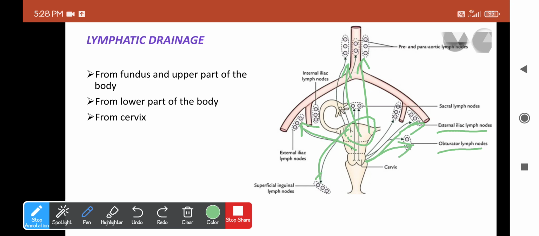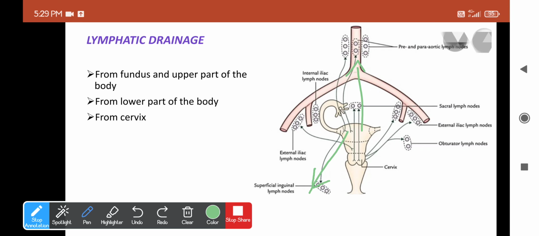And posterolaterally, they will drain into internal iliac lymph nodes, which you see here. This one is the internal iliac lymph node. And posteriorly, it will drain into sacral lymph nodes, which is this. So I'll repeat. From the fundus and upper part of the body, it will drain into pre and para-aortic lymph nodes, and a few drain into superficial inguinal lymph nodes.